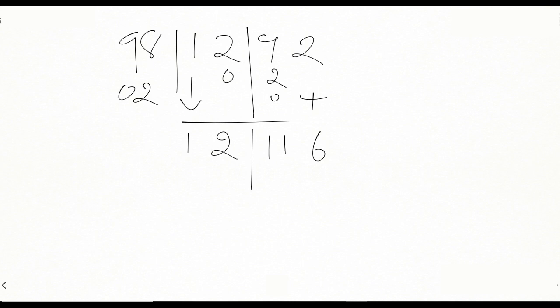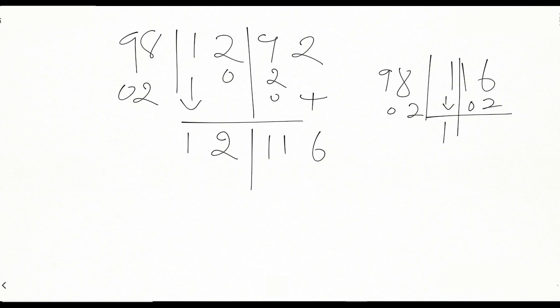Since we know that 116 is greater than 98 and remainder can never be greater than a divisor, we have to again divide 116 by 98. So take the complement, take the first digit as it is, multiply with the first digit, we get 0 and 2, add everything, 1, 8.